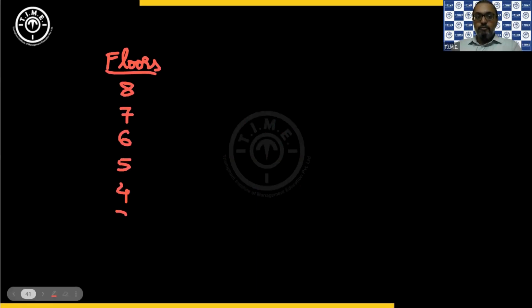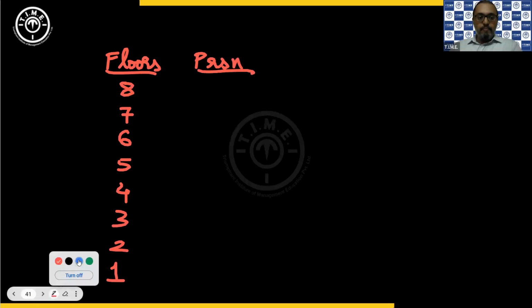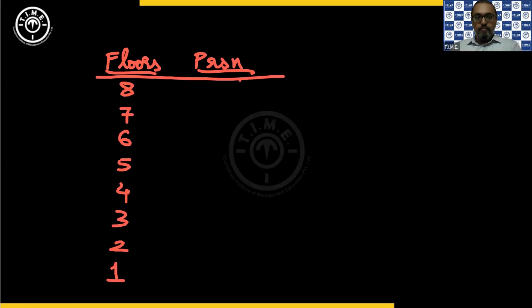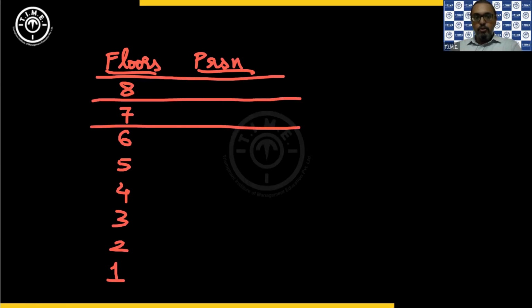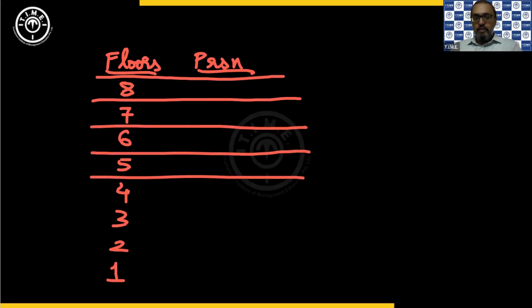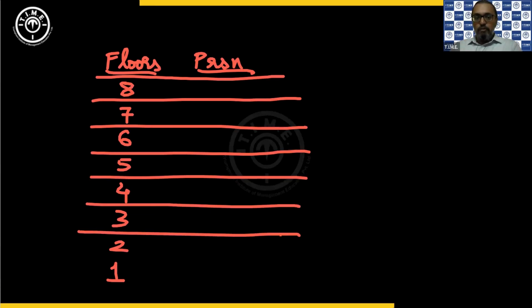Let's take it. So we have the floors 8, 7, 6, 5, 4, 3, 2, 1. Okay. And then you have persons. So each even number you have 2 persons. Each odd number you have only 1 person.